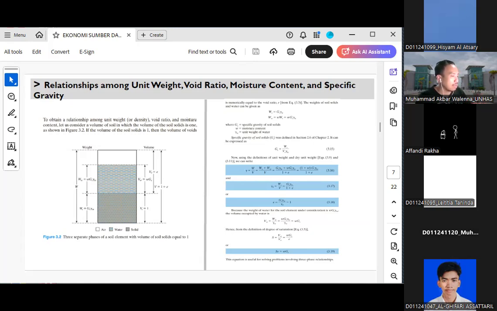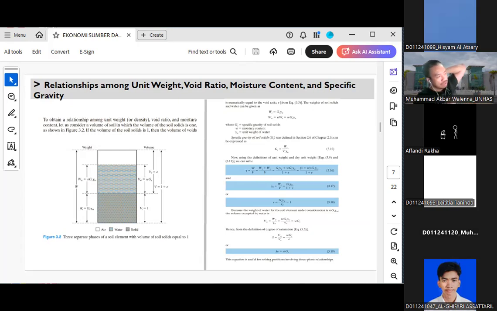As in the slide, it is (1 + w) multiplied by Gs multiplied by the unit weight of water, divided by 1 + void ratio.